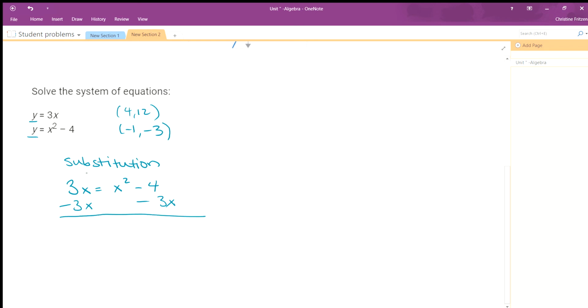So move the 3x over. I'm going to go ahead and swap sides. So I have x squared minus 3x, it's minus because we use the inverse operations, minus 4. I also have all three of these just because there was no like term. This has an x, sure, but the exponent is 2, so it is not a like term of the 3x.